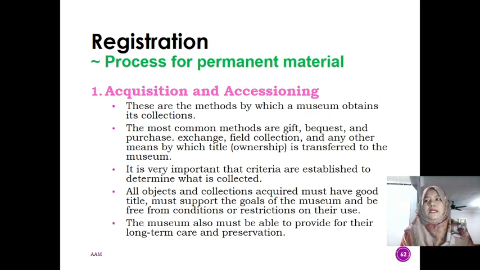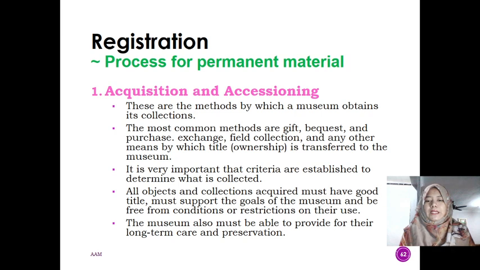So once individuals or organizations want to transfer materials or items to the museum, they have to make certain declarations that they have already transferred the ownership, so the ownership has been transferred to the museum, that is what it means.